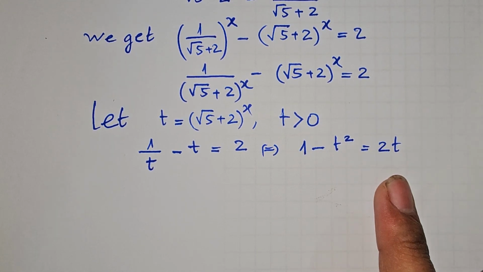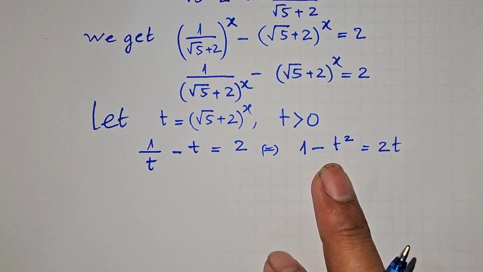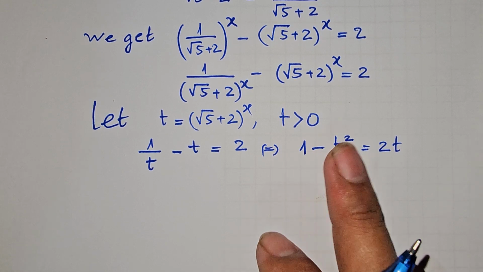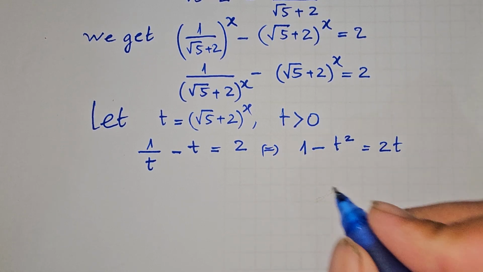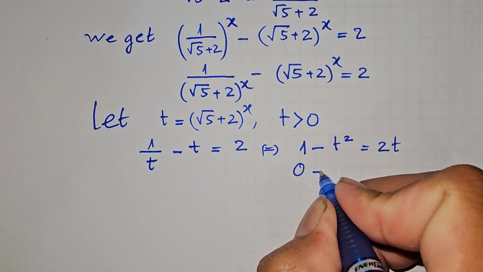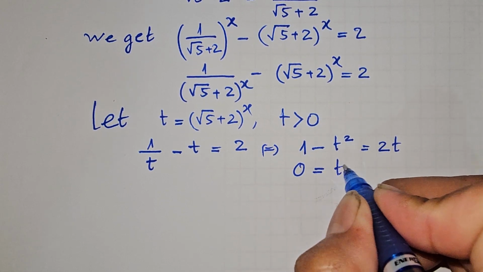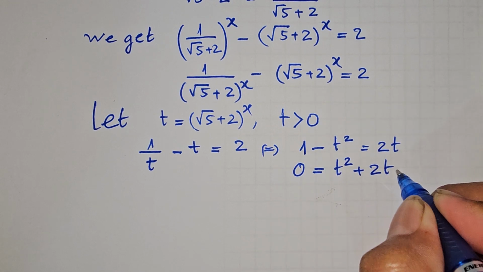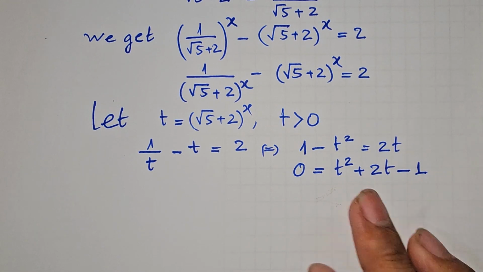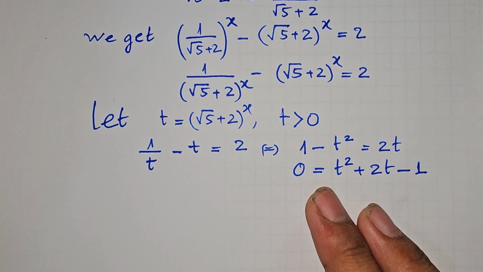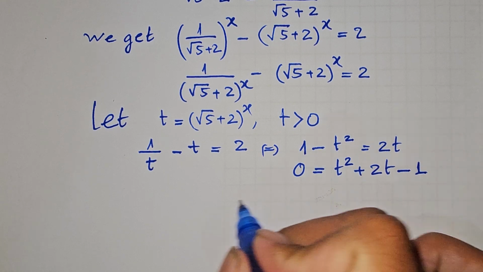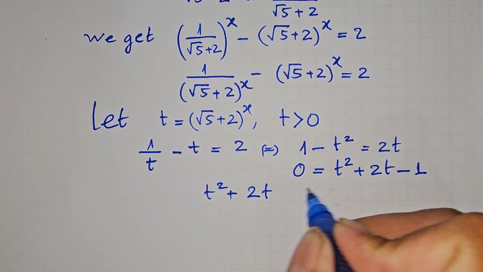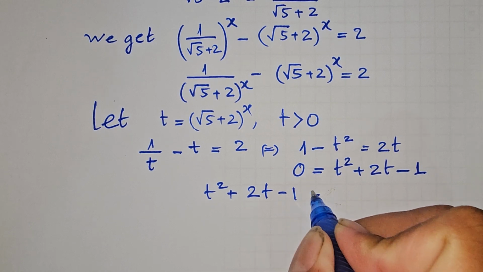Now if I move 1 minus t squared to the right hand side, we get 0 equals t squared plus 2t minus 1. So we get the equation t squared plus 2t minus 1 equals 0.